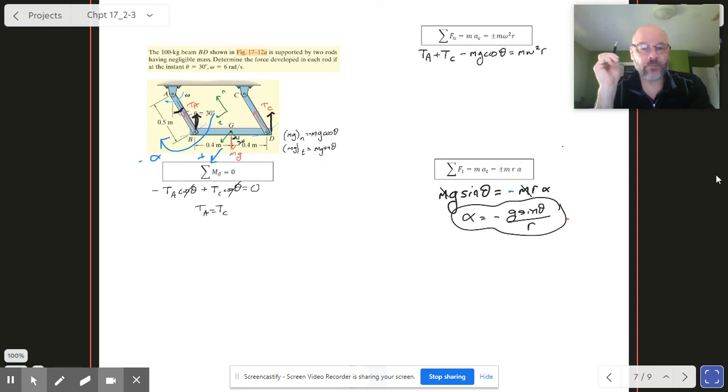Now, if these distances here had not been symmetric. Oh, I forgot to put the 0.4 in there. Well, I knew where it was going anyway. So we really need a 0.4 in here and a 0.4 in there to turn that into a moment.